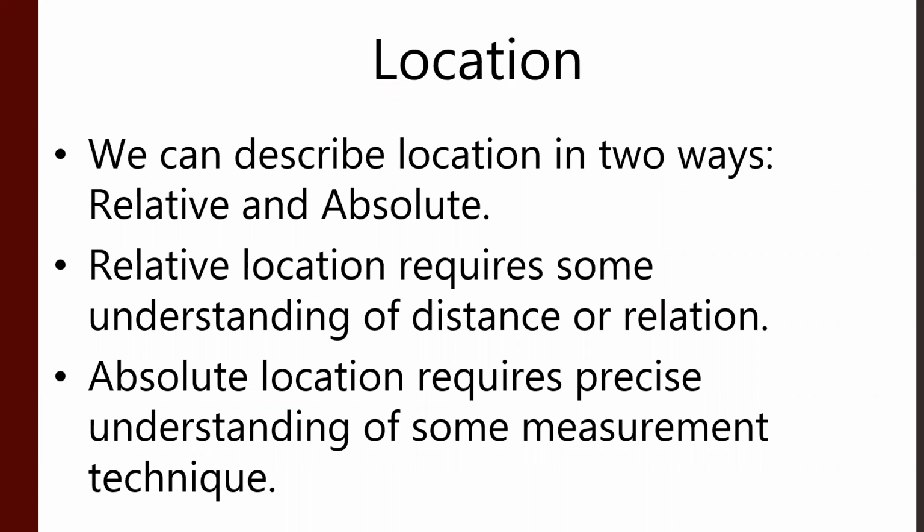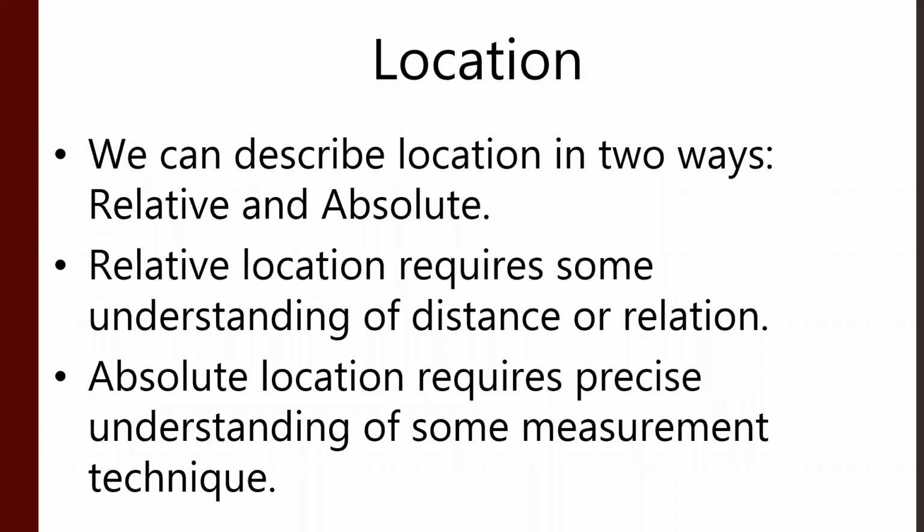The dog is on top of the desk. The dog is in the house. The cat is on the table. All of these are what we need for relative location. It assumes that we understand the two things and we understand the words that are linking what they're up to.